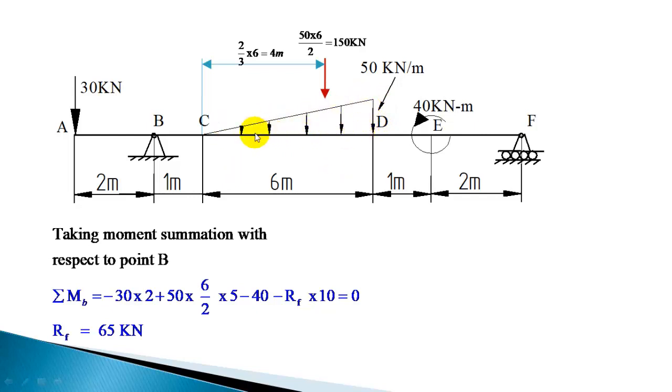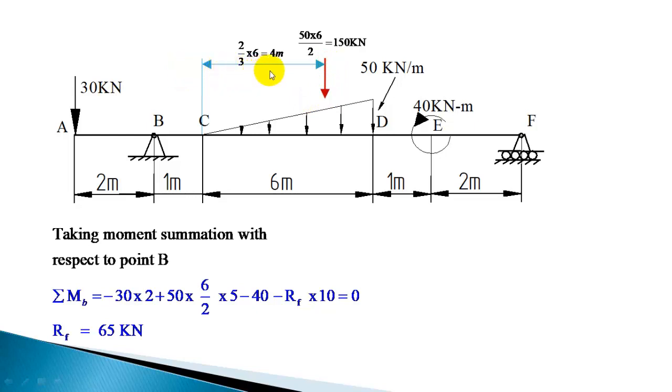That will give the area of this triangle, half base into height, so that is half of 6 into 50, which is 150 kN. So the resultant load is 150 kN.